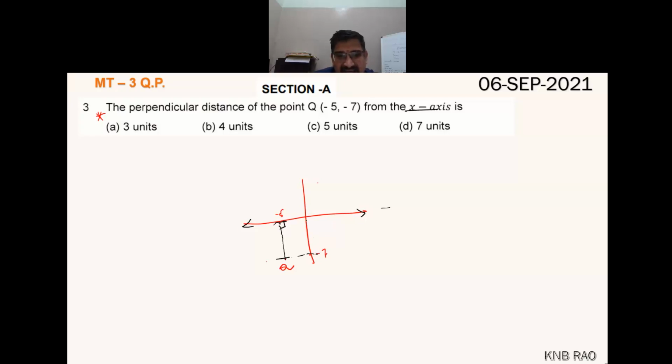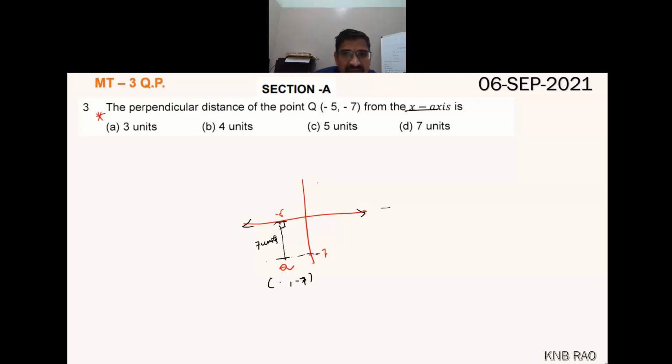On the y-axis you are seeing the perpendicular distance from the point to the x-axis. That's 7 units. You are watching it on the y-axis, where the coordinate is -7. If I watch, that's enough for me.